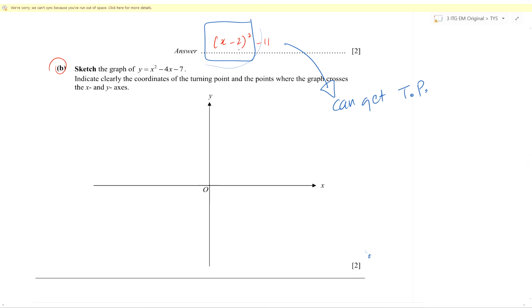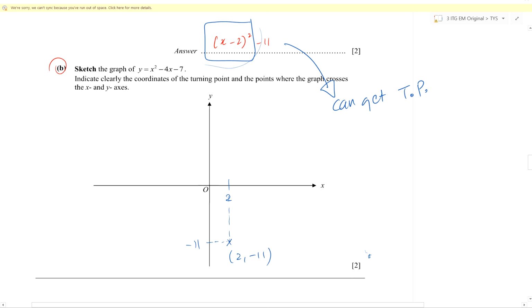Then when does this box become 0? x minus 2 squared equals 0 when x equals 2. So you have to identify that x equals 2 corresponds with y equals negative 11. This is my minimum point.